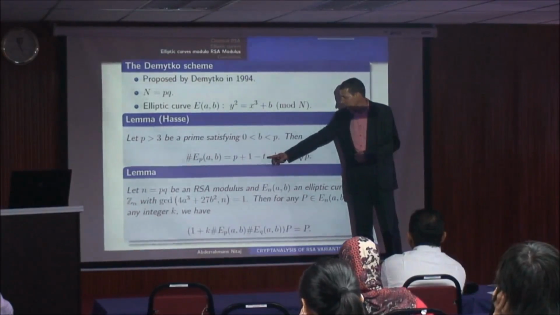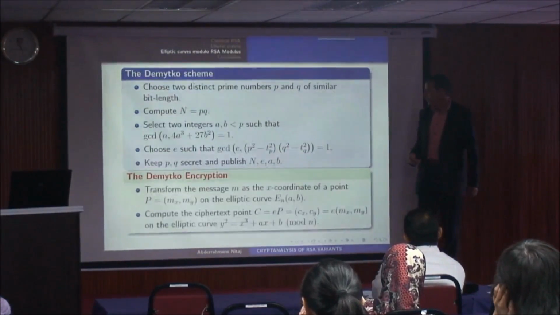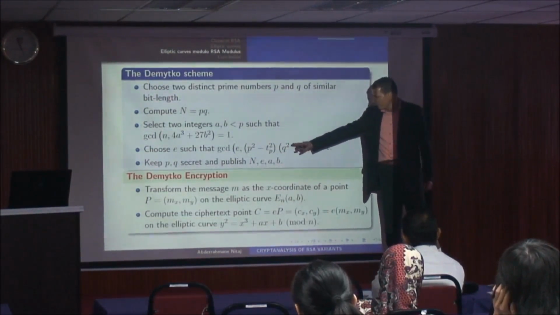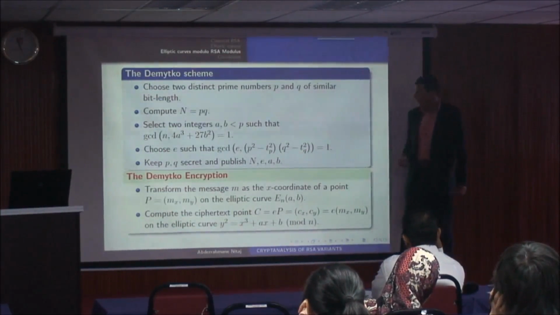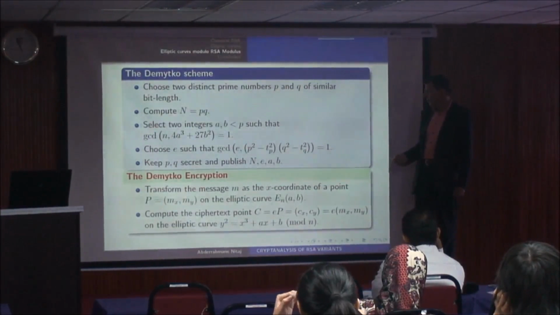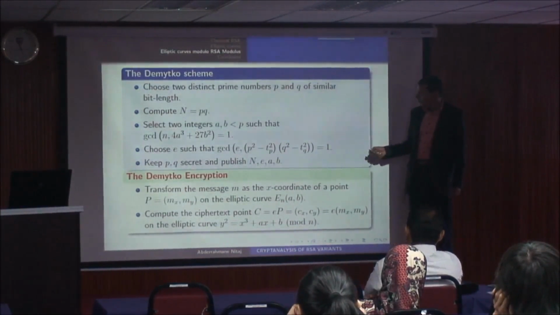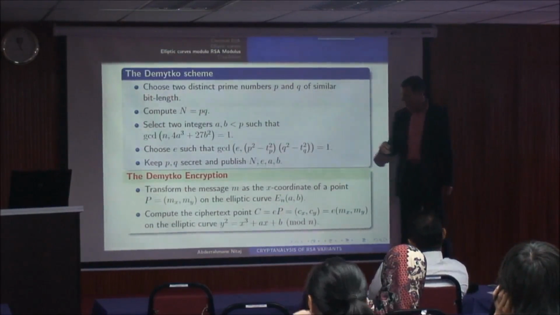So Hasse's lemma for P gives TP, and for Q it will be TQ. So if we choose E such that the GCD of E and this product is 1, we can compute the number D such that D times E is equal to 1 modulo this product.